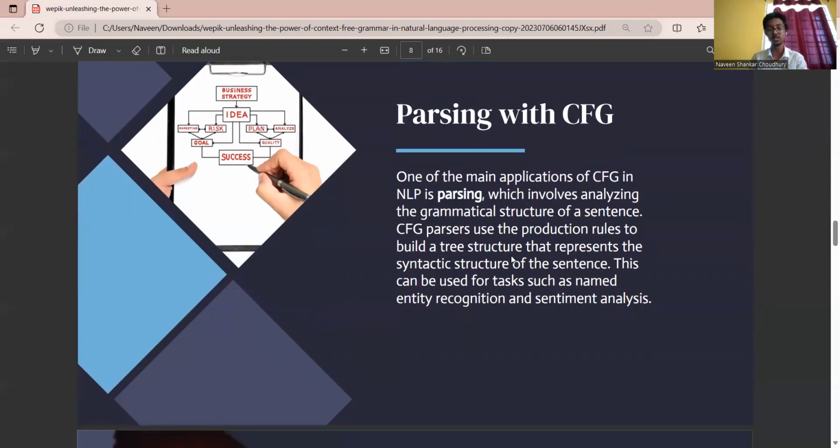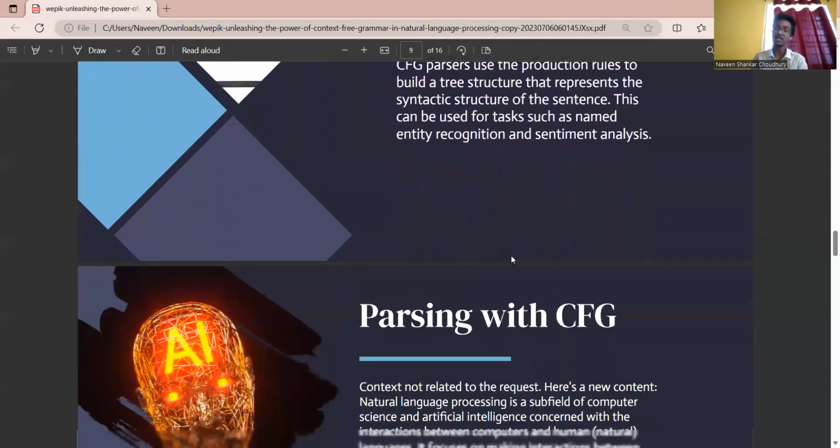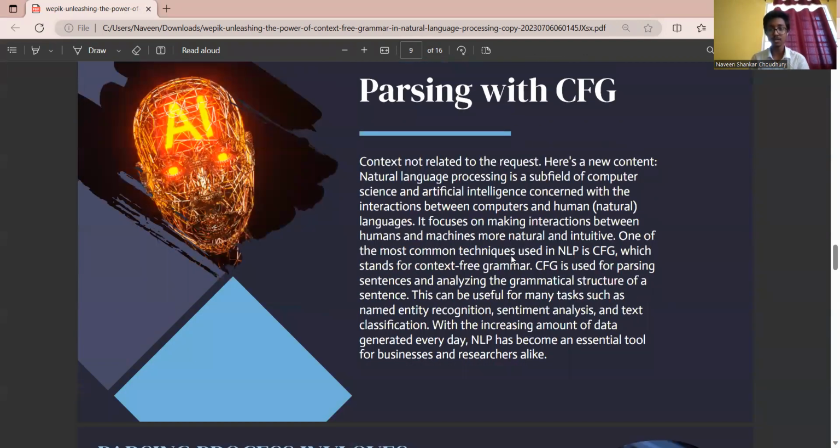This can be used for tasks such as named entity recognition and sentiment analysis. Furthermore, NLP, as specified earlier, is a subfield of computer science and artificial intelligence concerned with interactions between computers and human languages, right? One of the most common techniques used in NLP is CFG. It is used for parsing sentences and analyzing the grammatical structure of the sentence.